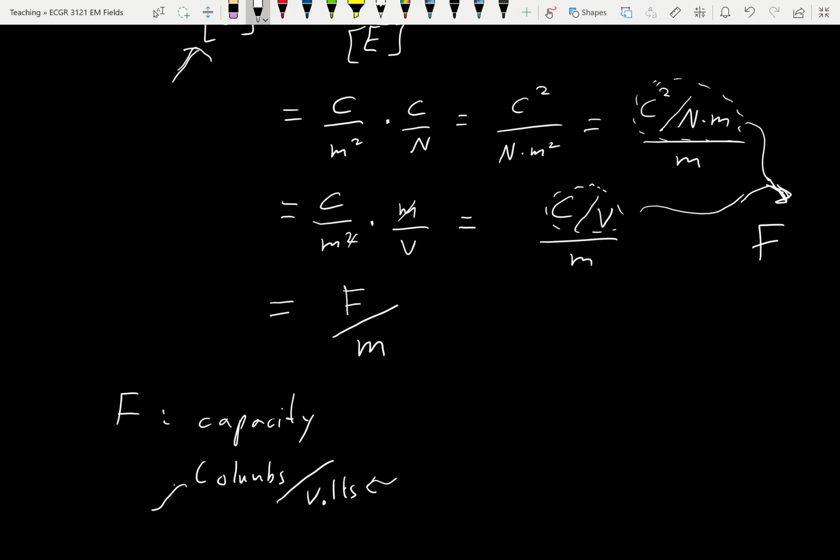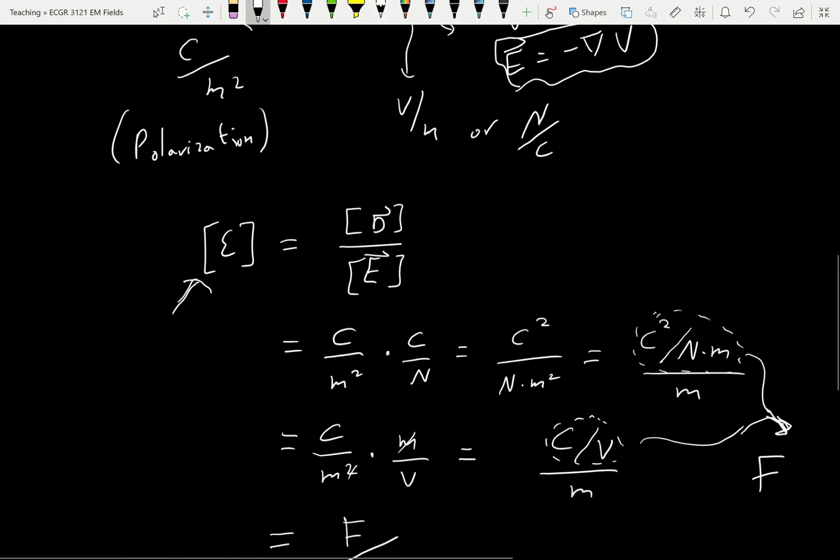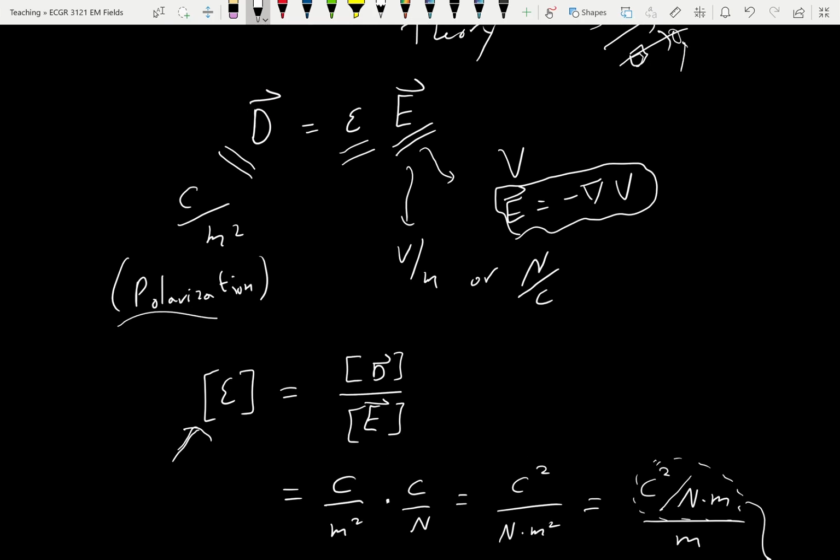And coulombs is a measure of how much charge exists in space. So if we have larger polarization in space, we have larger dipole moments in space, and those dipole moments have their positive and negative charges. So we have a larger amount of dipole charges existing in space.